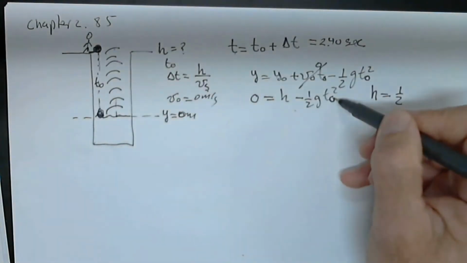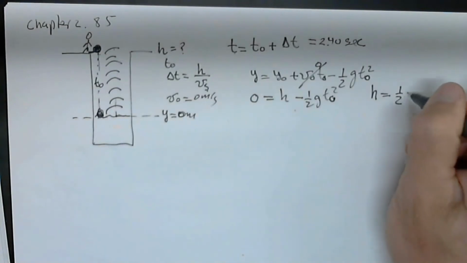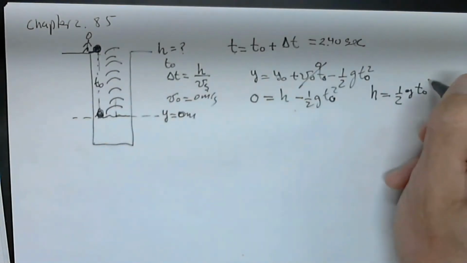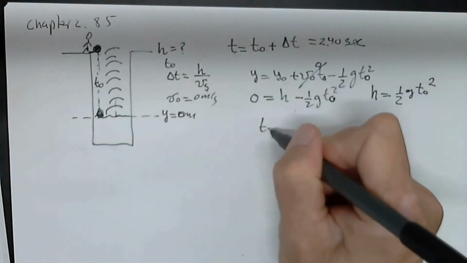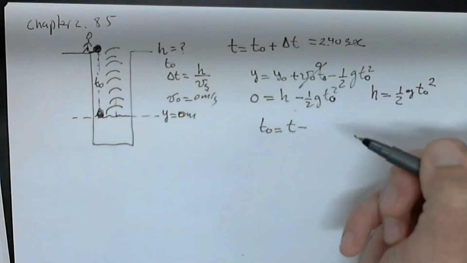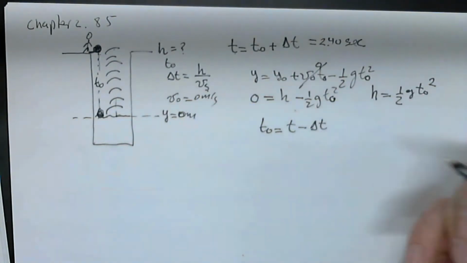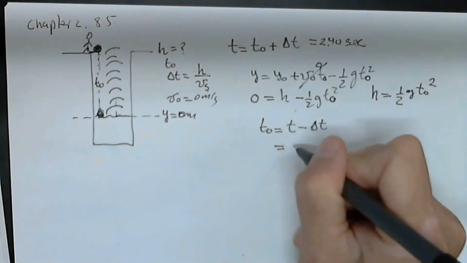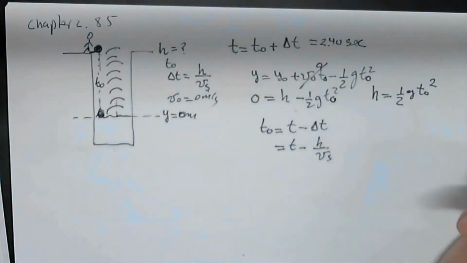This T naught is the time to go from here to here. T naught is the time that is given minus delta T, or T minus H over the speed of sound.